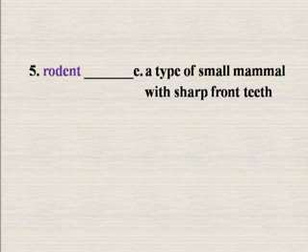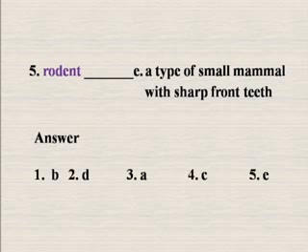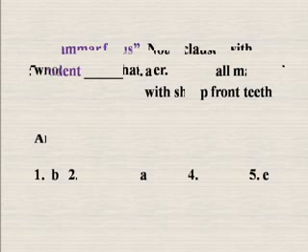E, a type of small mammal with sharp front teeth. Now let's check your answers. Number 1, the answer is B. Number 2, the answer is D. Number 3, the answer is A. Number 4, the answer is C. And number 5, the answer is E.